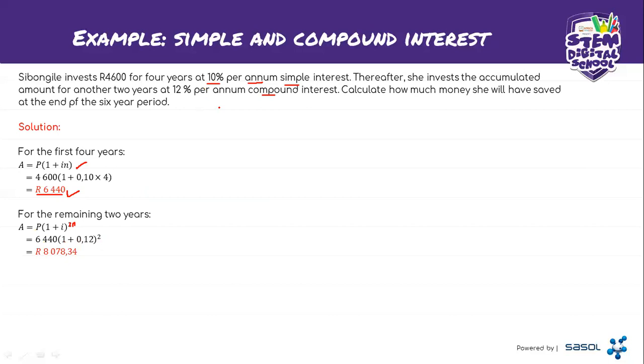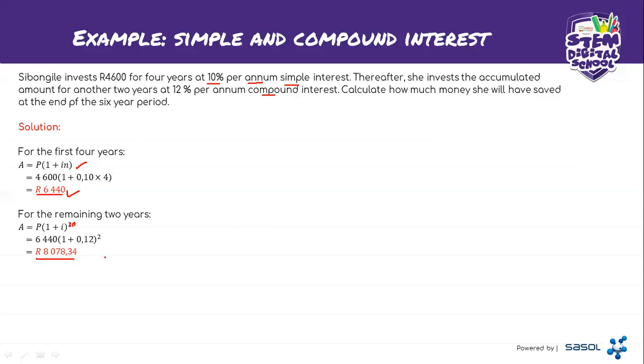Now we have another interest, which is 12% per annum compounded. Hence we said it is 0.12, to the power 2, which is the number of years. And then the answer that we're going to get is 8,078 rand 34 cents. So that is the amount that this person is going to have at the end of 6 years.